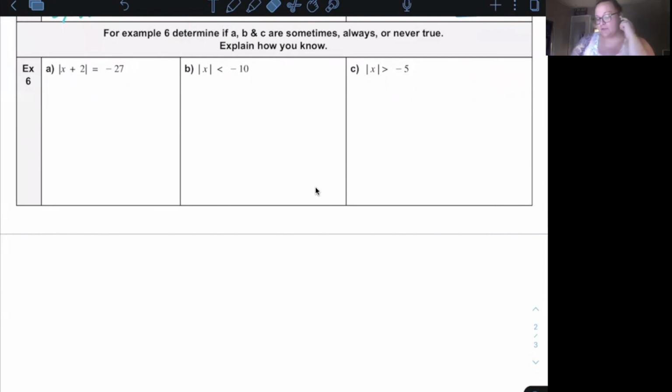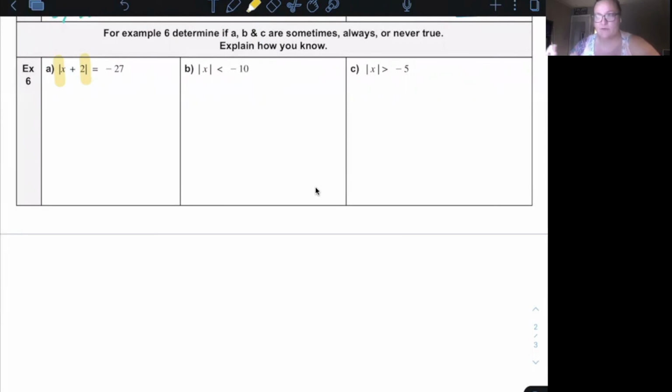So the absolute value of x plus 2 equals negative 27. Well, right off the bat, I see that my absolute value is isolated on one side, but it's equal to a negative. If absolute value is distance, so the distance a number is from 0, can it ever be negative? No, it can't. Distance is always positive. You don't say that you live like negative 12 miles from school.